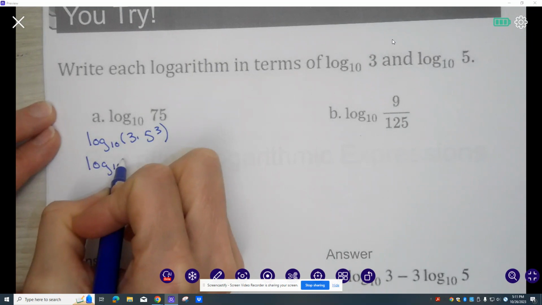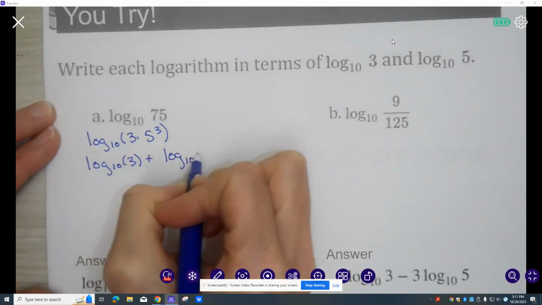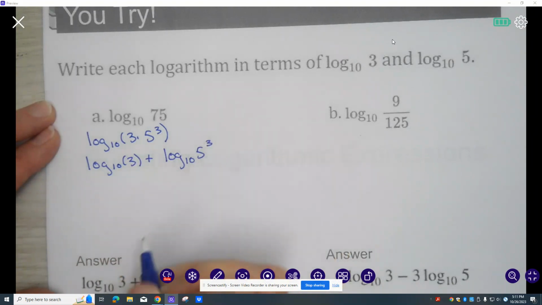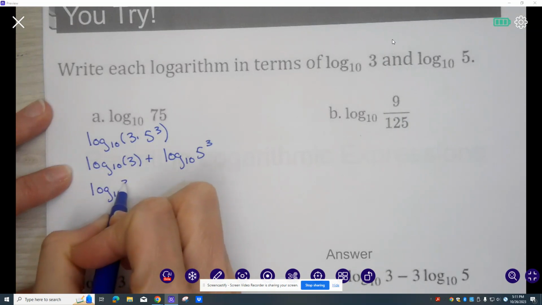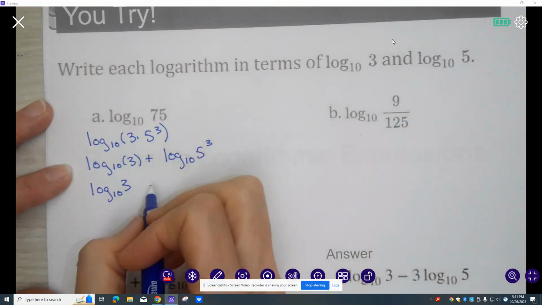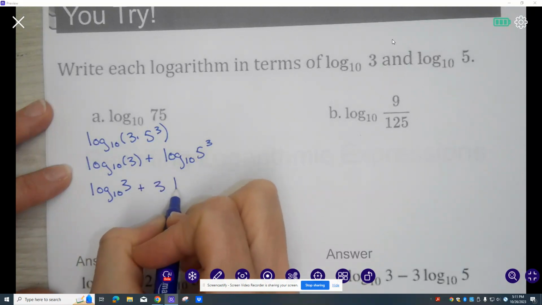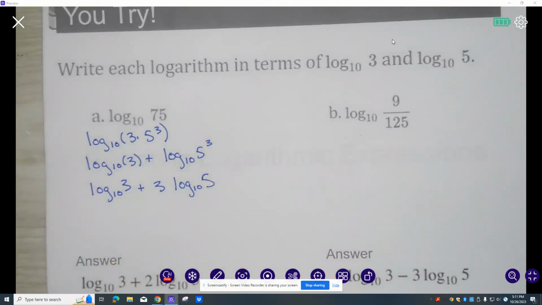So this would be log 10 of 3 plus log 10 of 5 to the third. Oops. Yeah, 5 to the third. And then I would keep my log 10 of 3 because it's asking me to write them as log 10 of 3 and log 10 of 5, plus 3 log 10 of 5.